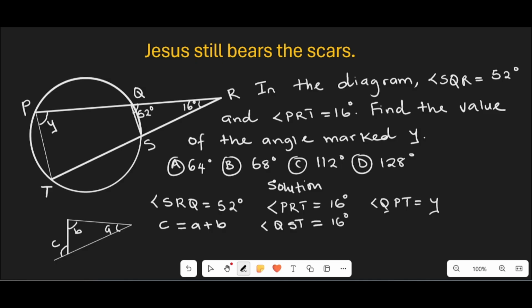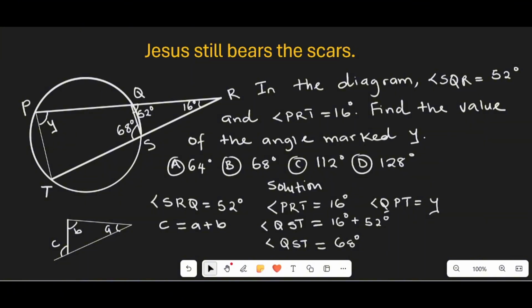Angle QST equal to 68 degrees. So this angle is 68 degrees.